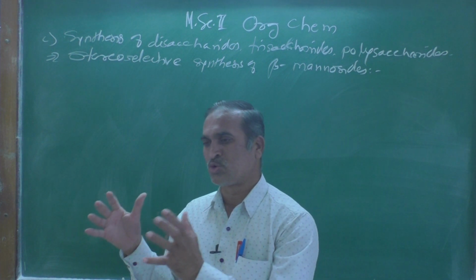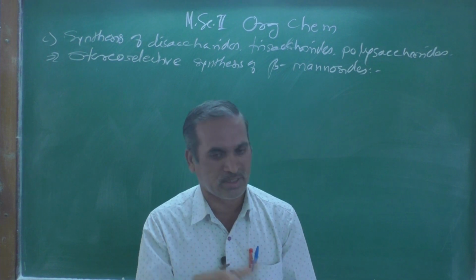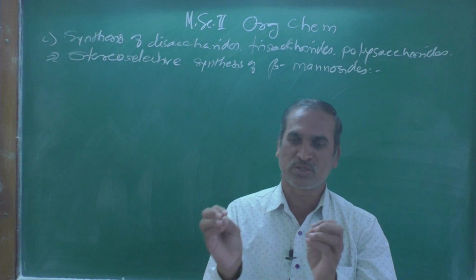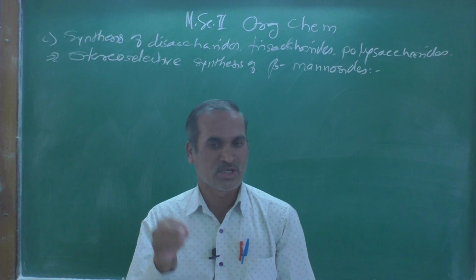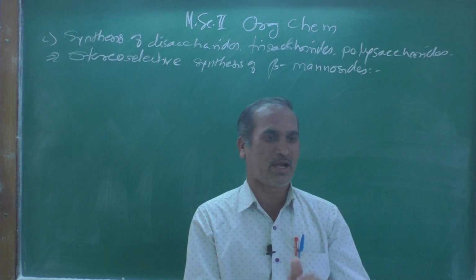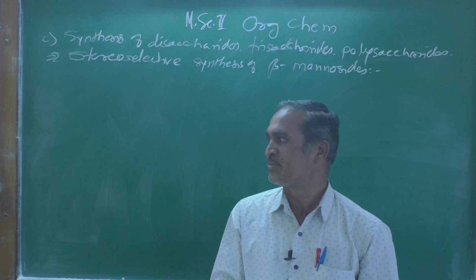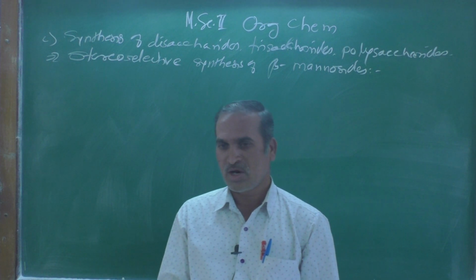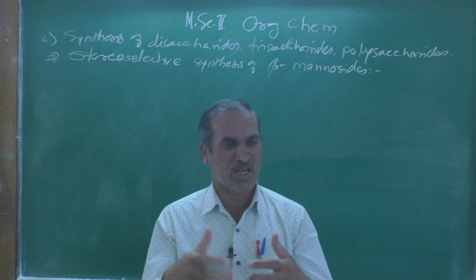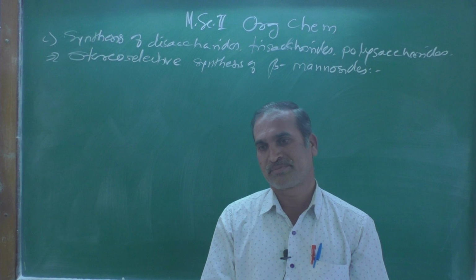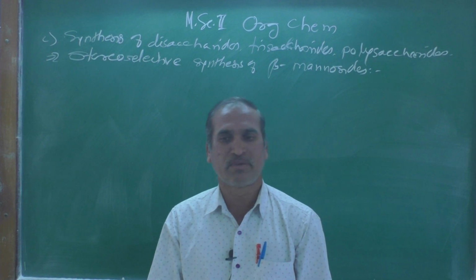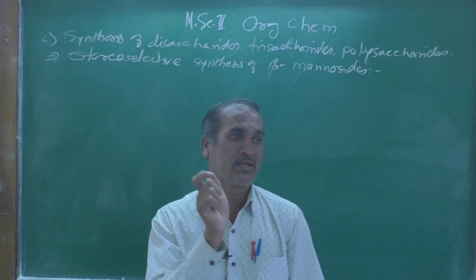Disaccharide means two sugar units combined together. The resulting compound is called a disaccharide, or on hydrolysis, generally carried out in presence of dilute acid or a specific enzyme, it gives rise to two sugar units. That type of compound is termed a disaccharide.